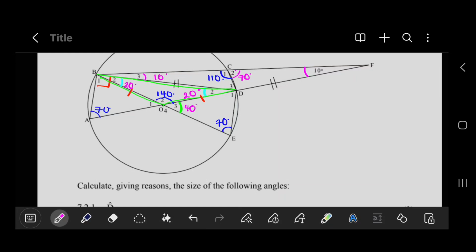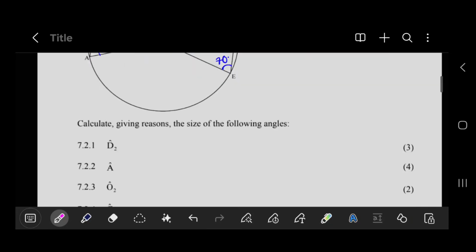I'm just showing you this because I needed to show you the isosceles triangle part of it, but I want to show you another way of getting this. So before I do that, let's just write down this version of the answer because there may be some of you that would have done it this way. So remember, we calculated B2 first and then angle O3.